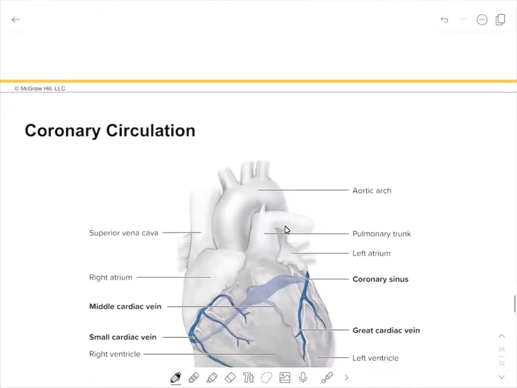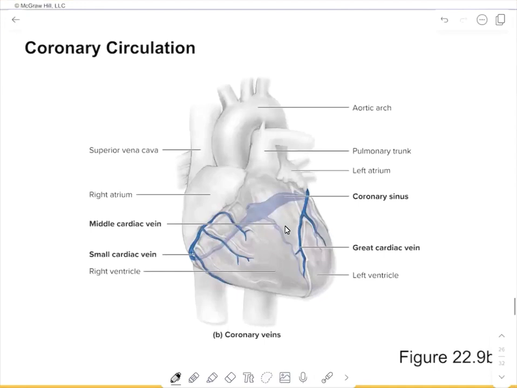So looking at the veins now, we can see them shown here. There's a total of 4. So we first have the great cardiac vein on the front of the heart, and it's going to run alongside the anterior interventricular artery. So there would be another artery right next to it here. They're just showing veins on this particular diagram.